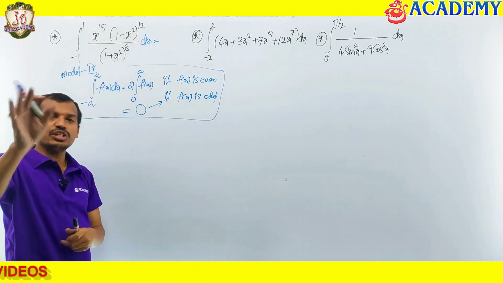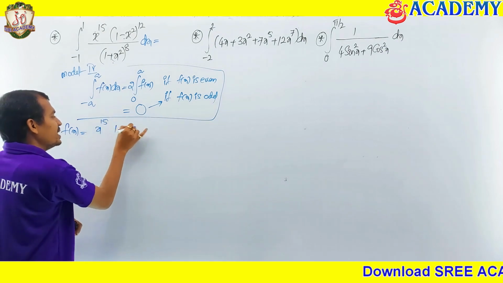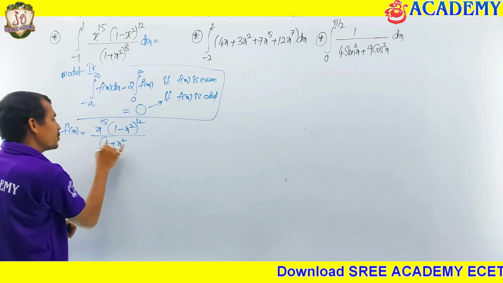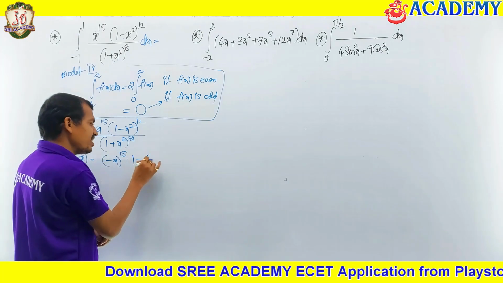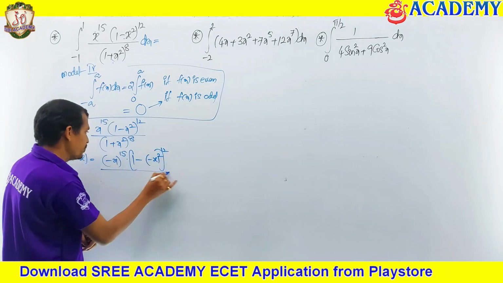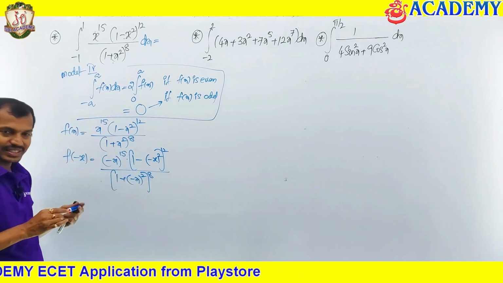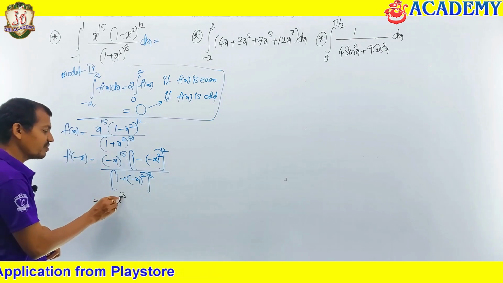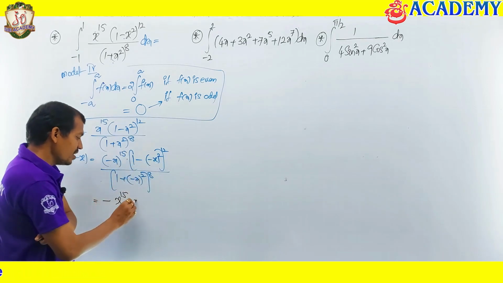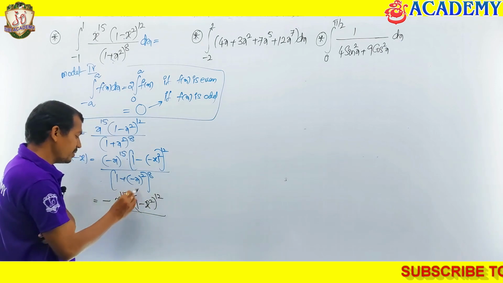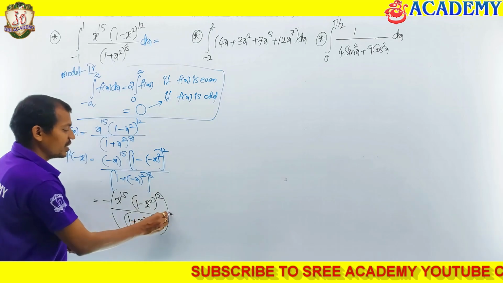If I take f of x equal to x to the power of 15 into 1 minus x square whole to the power of 12 divided by 1 plus x square whole to the power of 8, and replace x with minus x, wherever x is there I replace it, you will get minus x to the power of 15, because the power 15 is odd. The rest remains the same: 1 minus x square whole to the power of 12 divided by 1 plus x square whole to the power of 8. Now you got minus f of x.